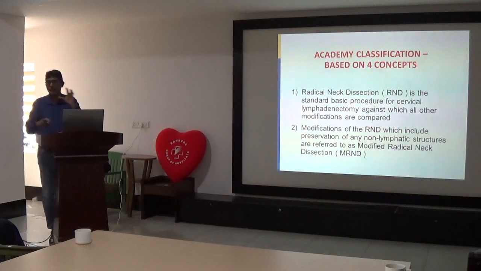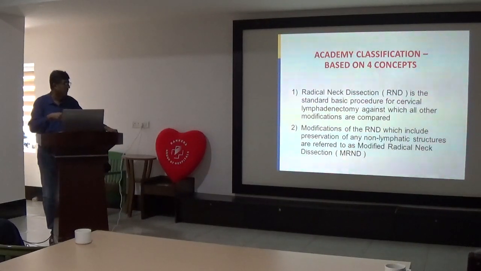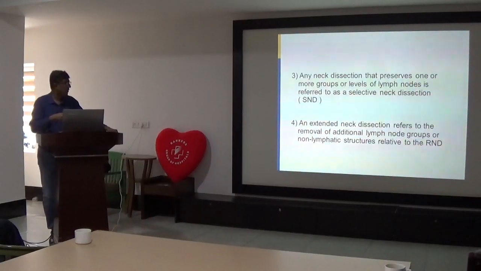If you send the radical neck dissection specimen, these are the structures which you will get in that specimen. Modifications to this radical neck dissection include preservation of non-lymphatic structures, and if you preserve any one of these non-lymphatic structures, it is classified as a modified radical neck dissection.